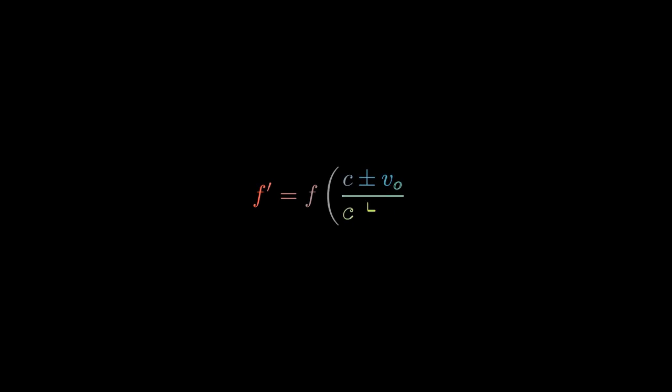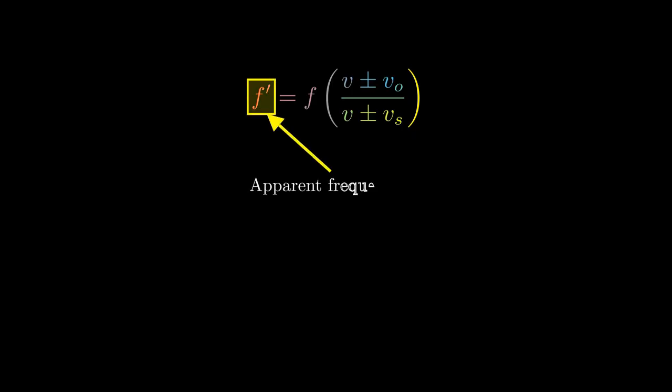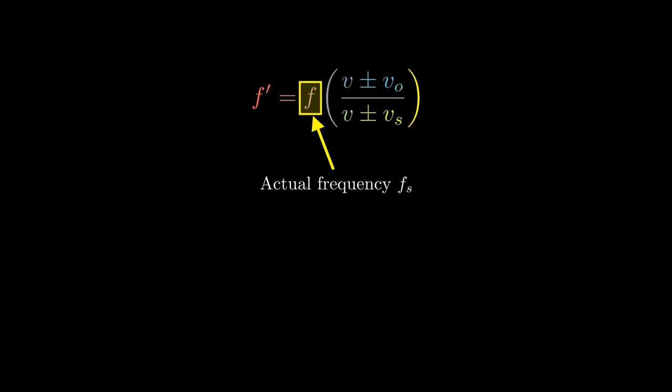You might want to ask why this is important at all to our mission. Okay, here's the Doppler effect formula. Oops, no, not that one, this one. F prime is the apparent frequency, which is the frequency perceived by the observer. F is the actual frequency, which is the true frequency emitted by the source.